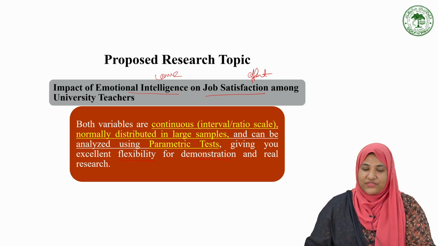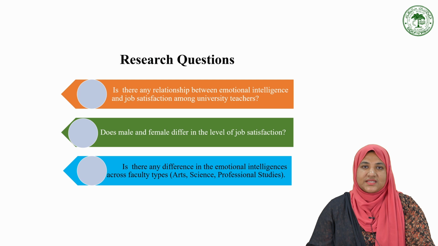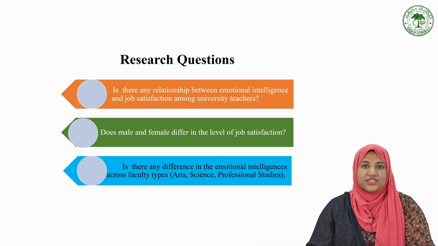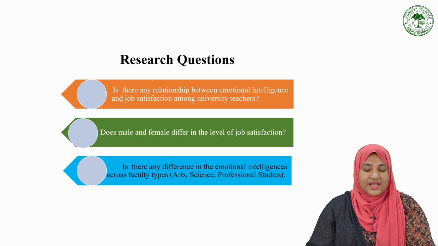So let's frame the research questions based on certain criteria with respect to the title. We are going to frame certain research questions, that is, is there any relationship between emotional intelligence and job satisfaction among university teachers? Any relationship or any impact we can frame. And the next one: do males and females differ in their level of job satisfaction?